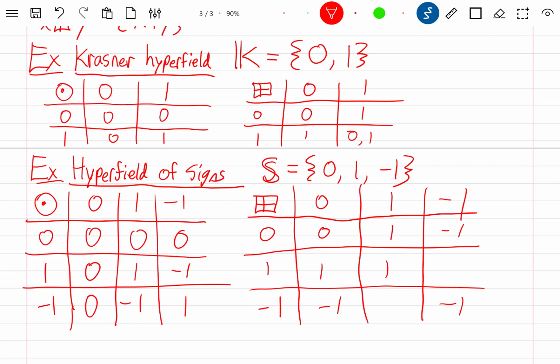The interesting part is if I take a positive number and add it to a negative number, it could either be positive, negative, or 0. So for example, 1 plus negative 1 is 0. 1 plus negative 2 is negative 1, right? Negative 1 plus 2 is 1. So it could either be positive, negative, or 0. So in this case, 1 plus negative 1 is all three at the same time. And that's kind of how we think of the hyperfield of signs.